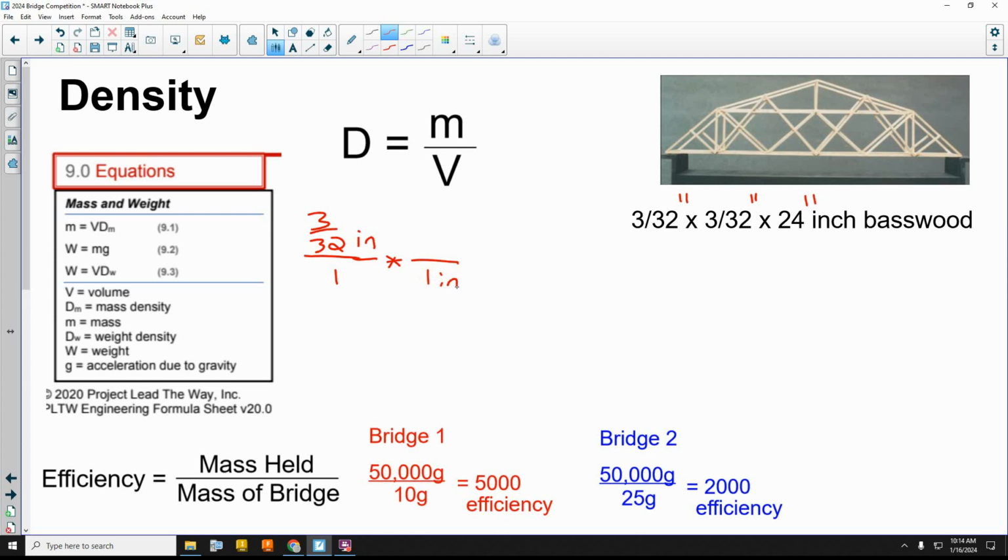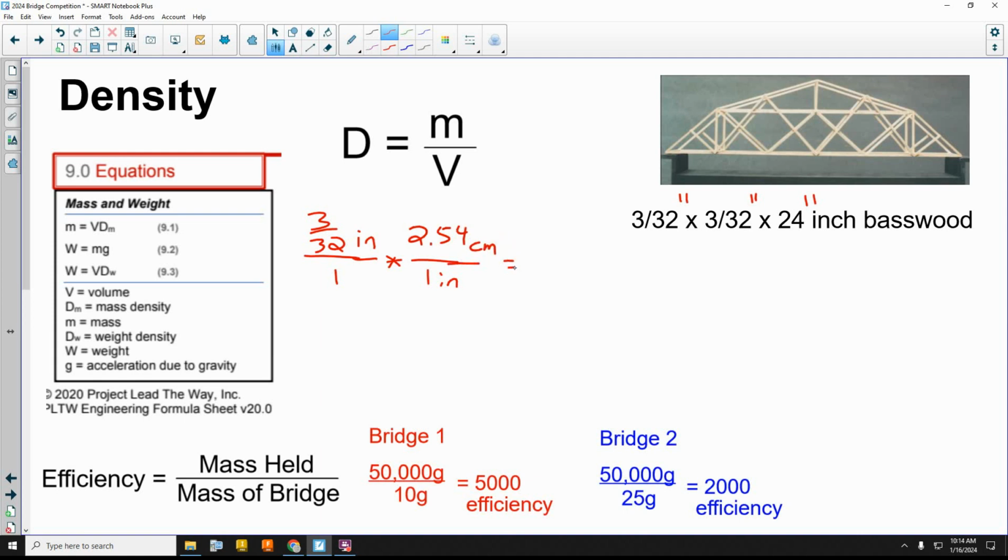How many centimeters are in an inch? 2 point something. Yes, 2.54. So we've got 2.54 centimeters in 1 inch.